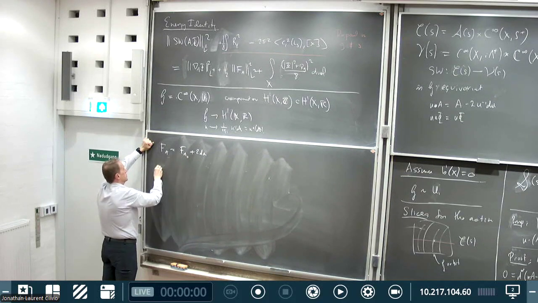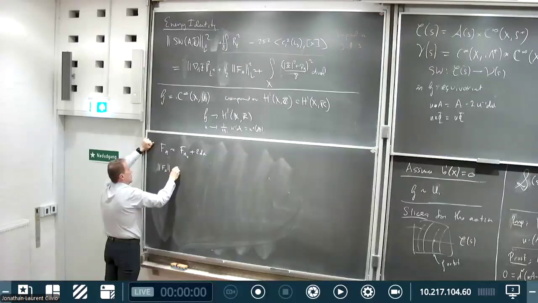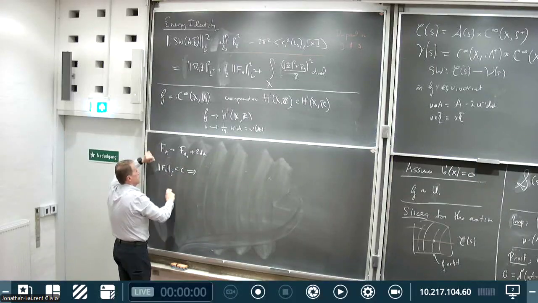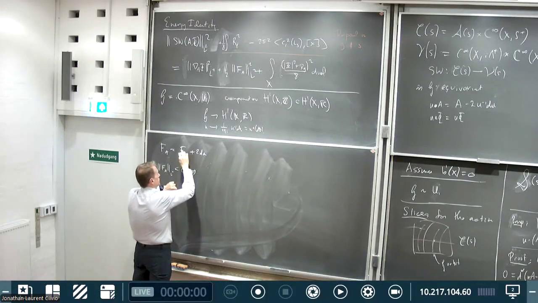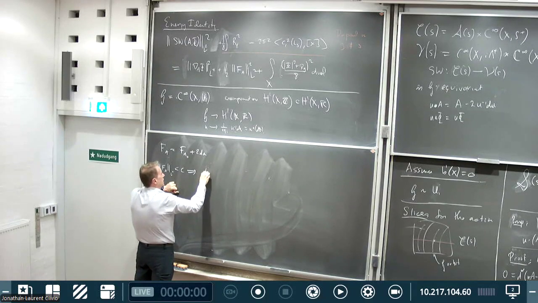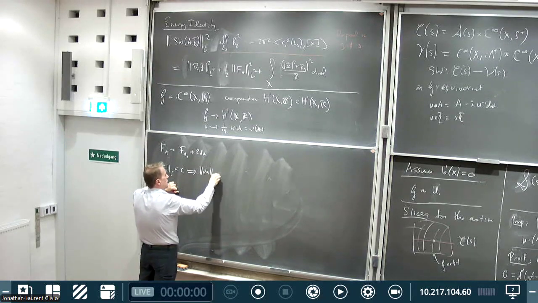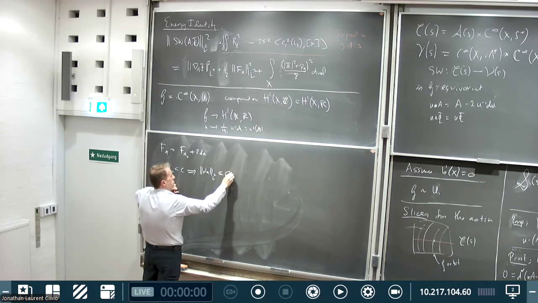This is fixed, so this bound implies that dA is also bounded.